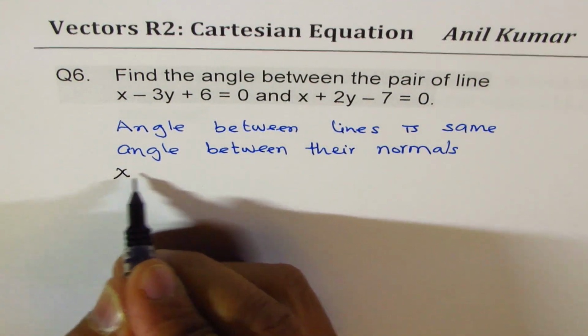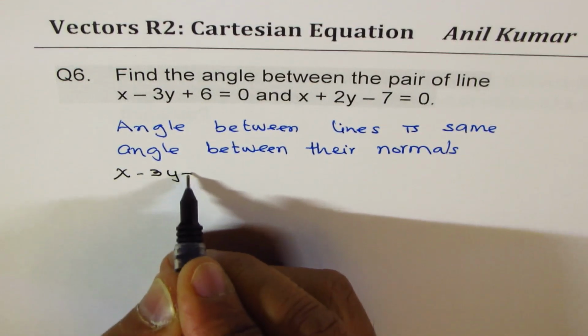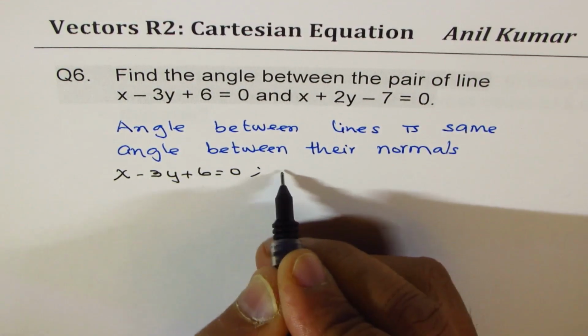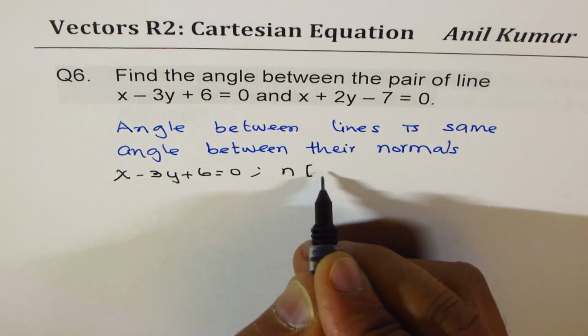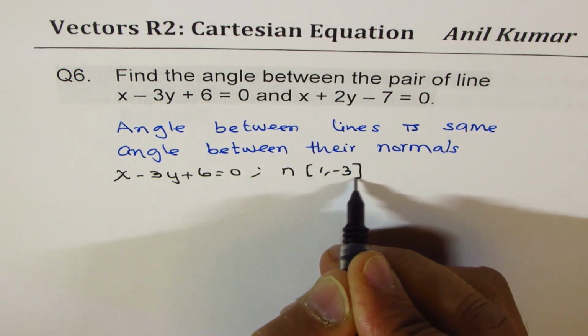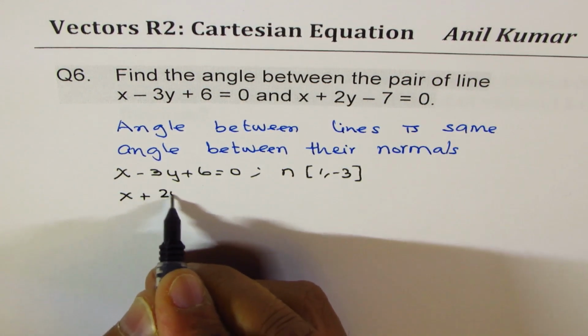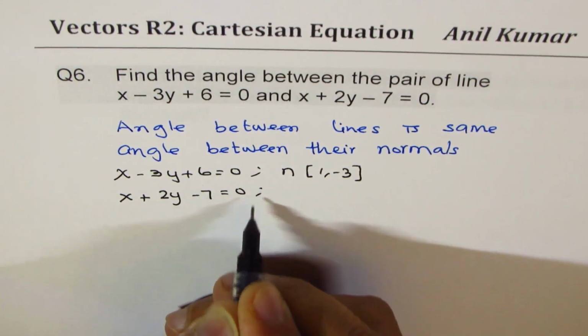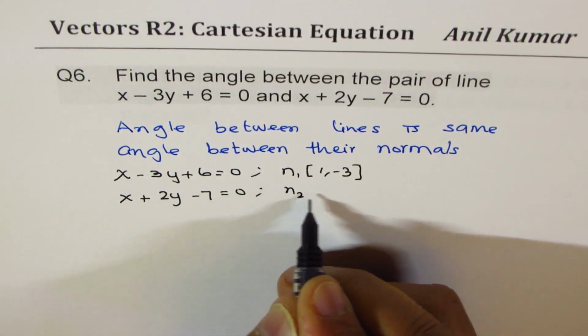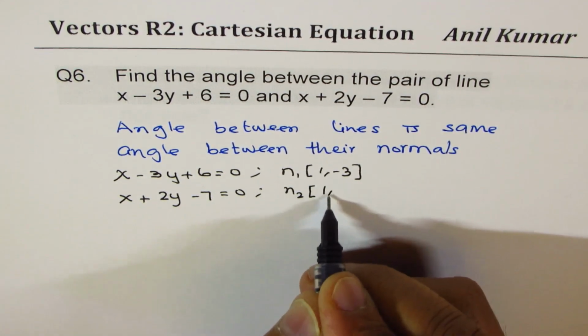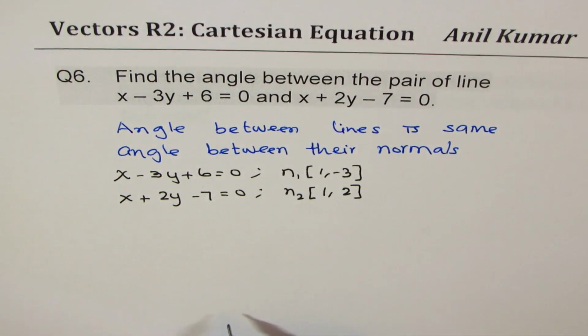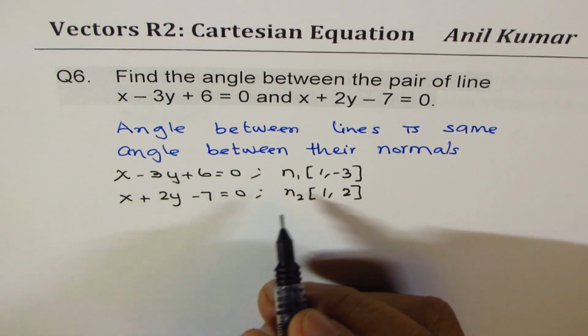So the first equation is x minus 3y plus 6 equals 0. That gives us the normal as (1, -3), right? The second equation is x plus 2y minus 7 equals 0. Let's say n1 and n2. The normal n2 is (1, 2). How do you find the angle between lines? We'll use the dot product, correct?